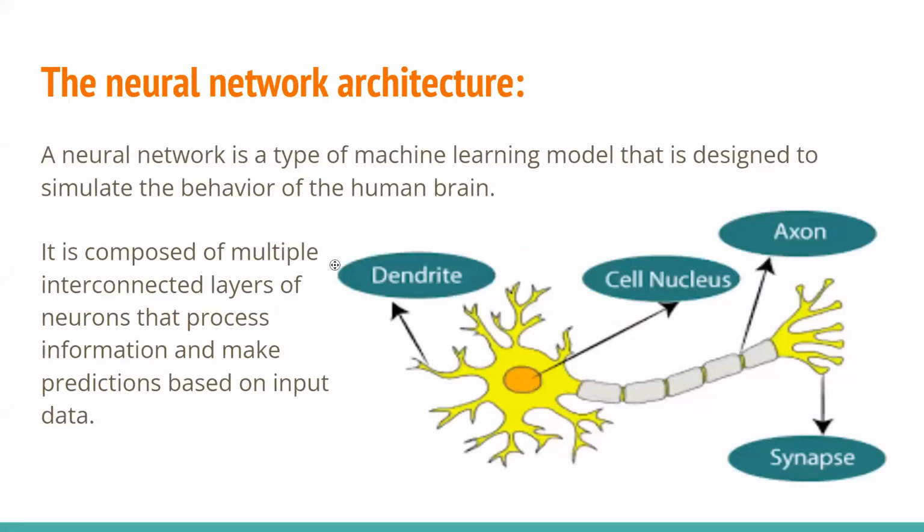So I was explaining about this building block of the brain. Some part of this is called the dendrite. It takes the information and processes it, and this same way of taking information and processing it and giving output, the processed information is forwarded after making some decision.